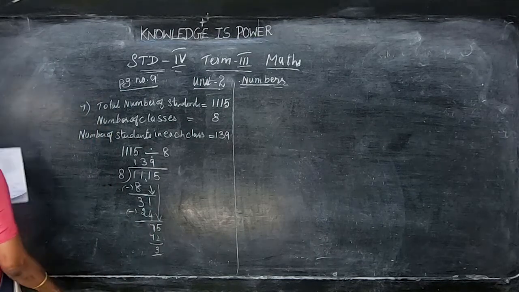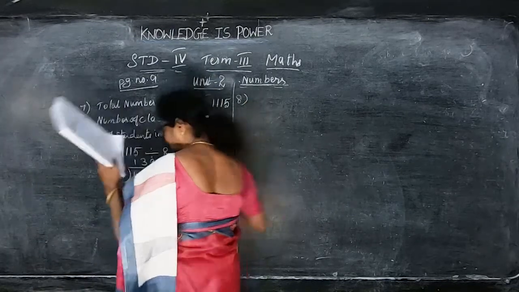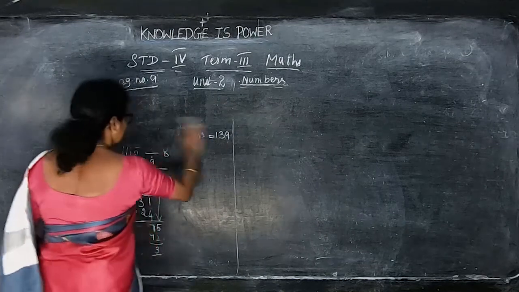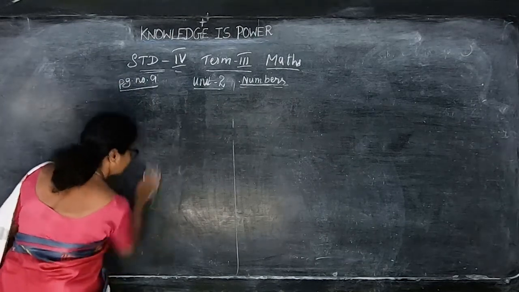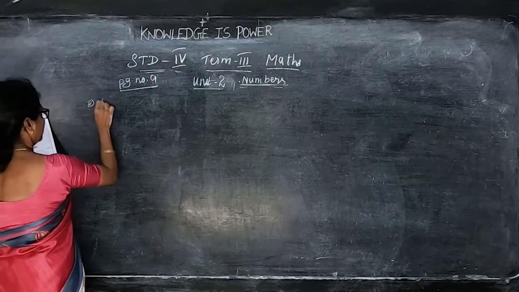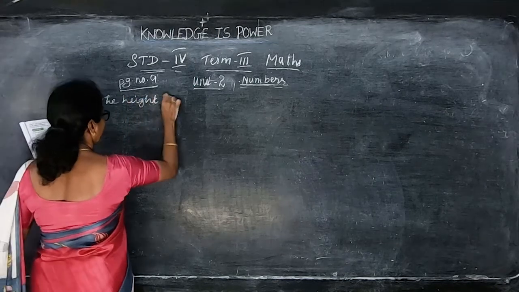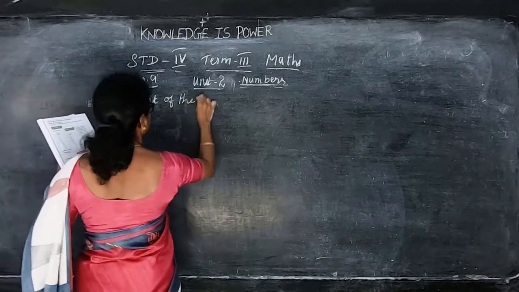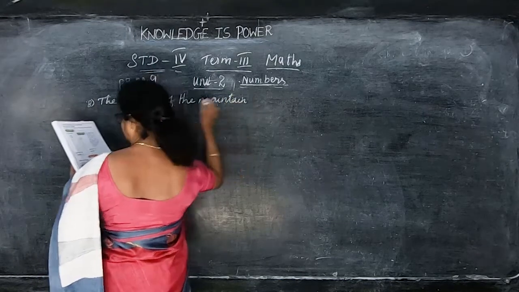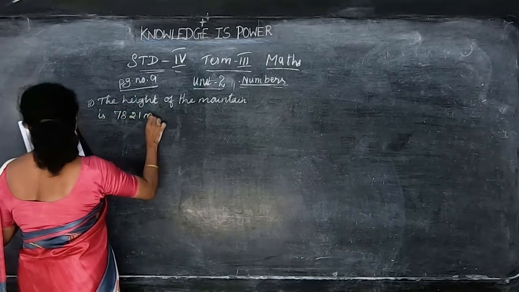Okay. Now the next one is the height of a mountain. The next sum is: the height of the mountain is 7,821 meters.